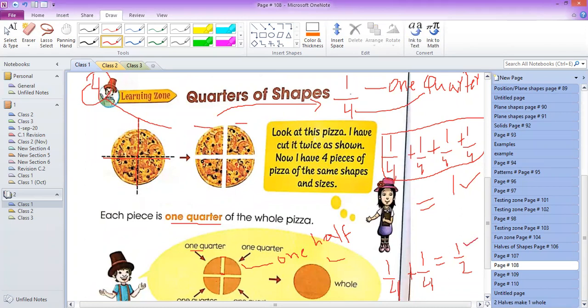Two quarters will make one half. If out of four equal pieces you eat two pieces, you will say, Mother, I am eating half of the pizza, two pieces I am eating, and the other two pieces you can give to A and B. Up to here everything is clear, guys?